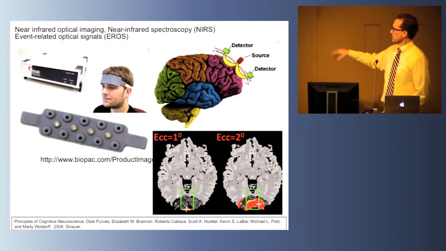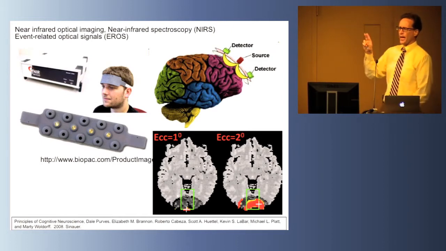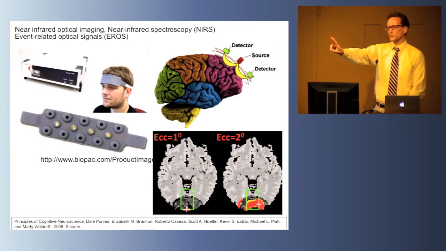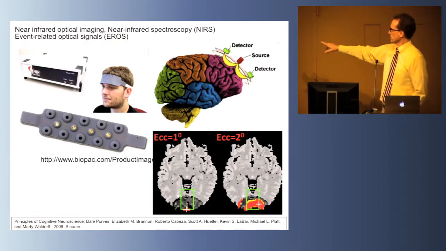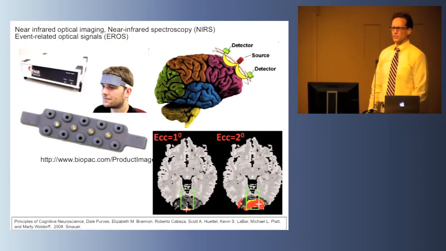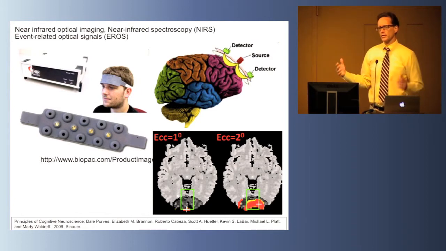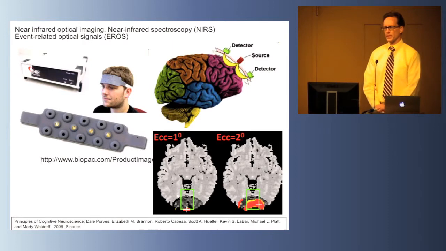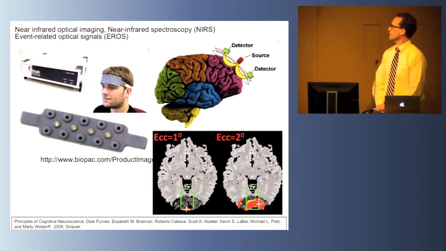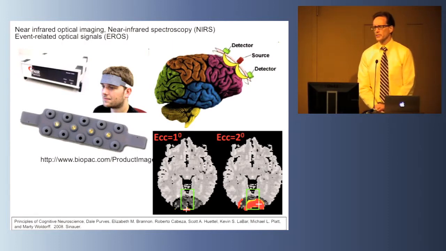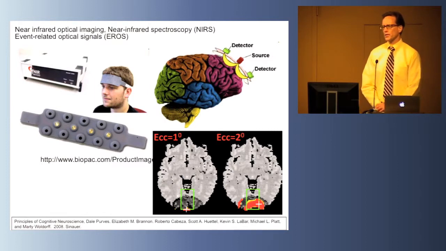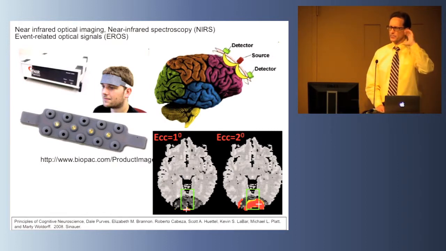On the lower right is the same brain, but now with a stimulus occupying 2 finger widths. And we see a greater extent of activation because it's a bigger stimulus, occupying a greater extent of the cortex because that's where the visual field is represented. And so this near-infrared optical imaging is another useful technique to look at activation of the brain that happens to be near the surface, close to the skull.